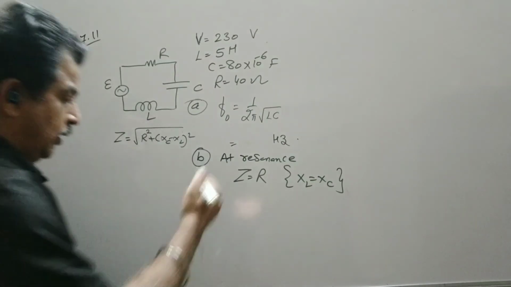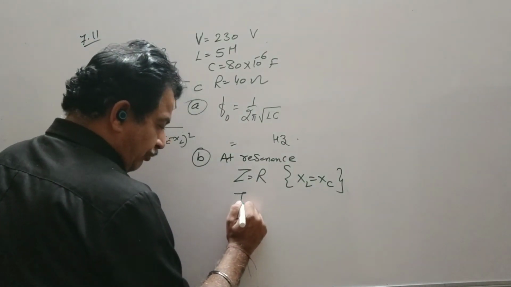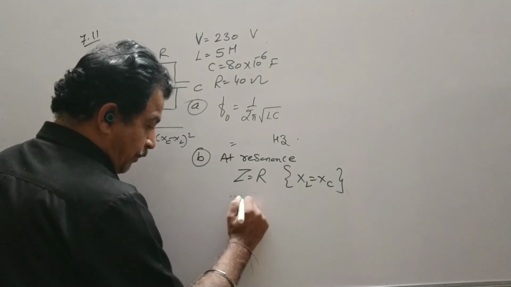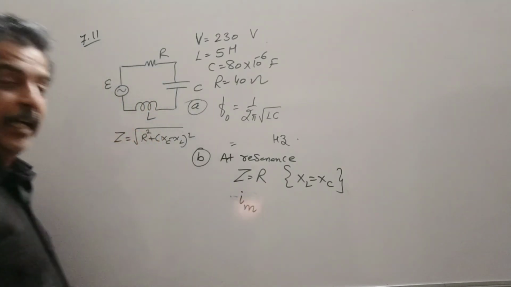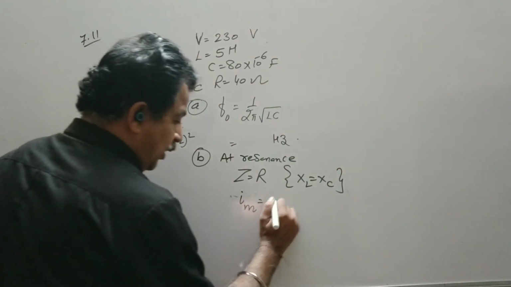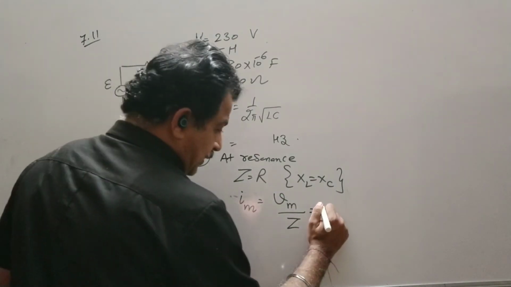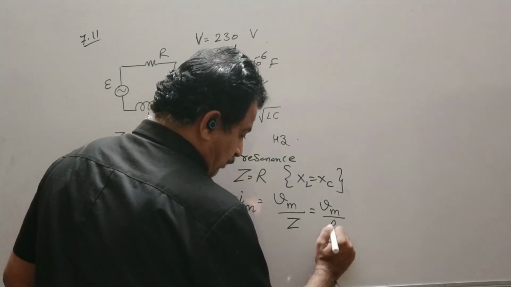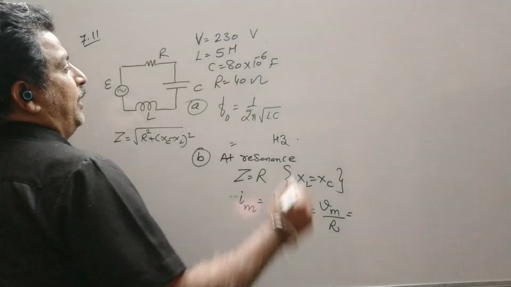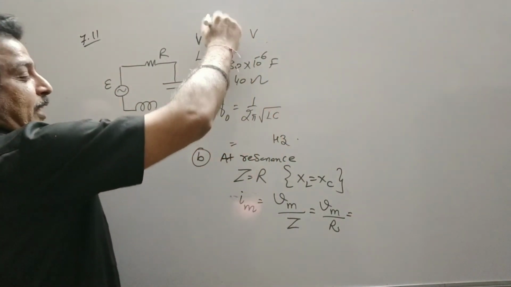Also you find out the amplitude of the current. So we have to find out the amplitude, meaning the maximum current. Let us take this as Im. So Im should be equal to Vm upon impedance, that is Z, but because it is at resonance, it is Vm upon R. Vm is not this; this is your Vrms.